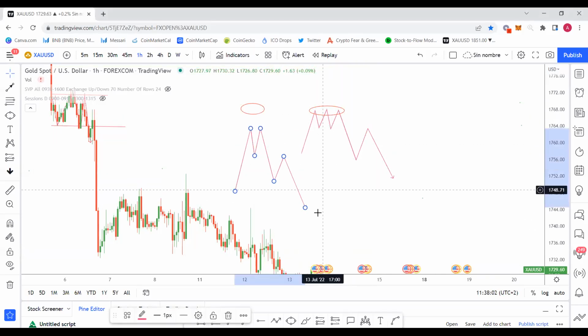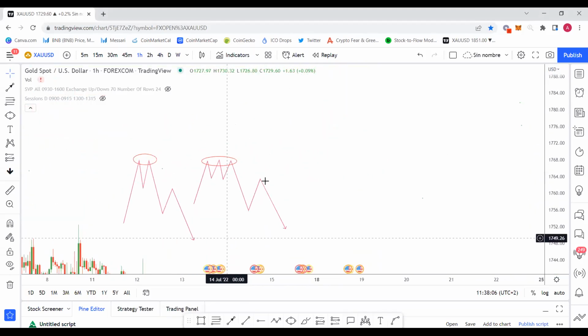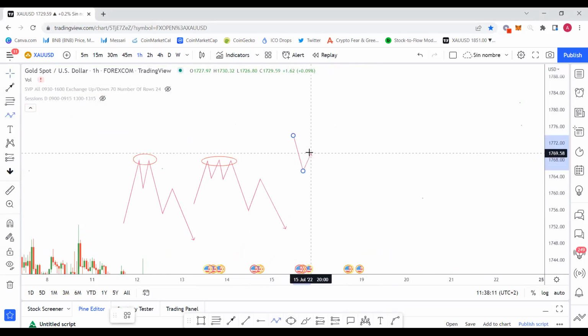And this will also apply. Let's see if I can flip it somehow. No, I can't. This will also apply with the floors, which is exactly the opposite.